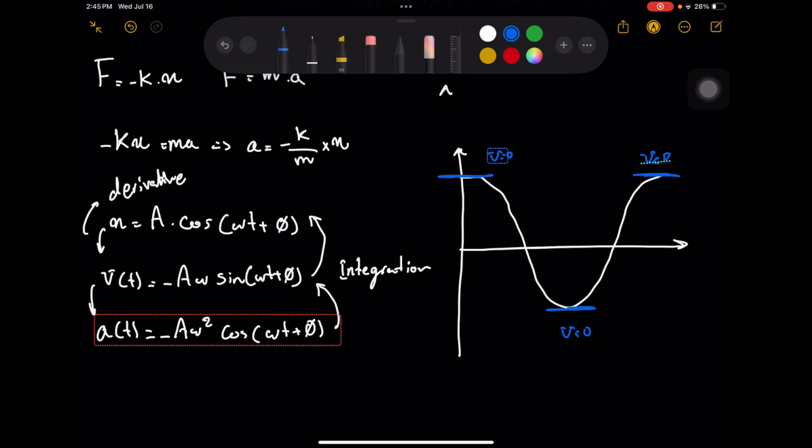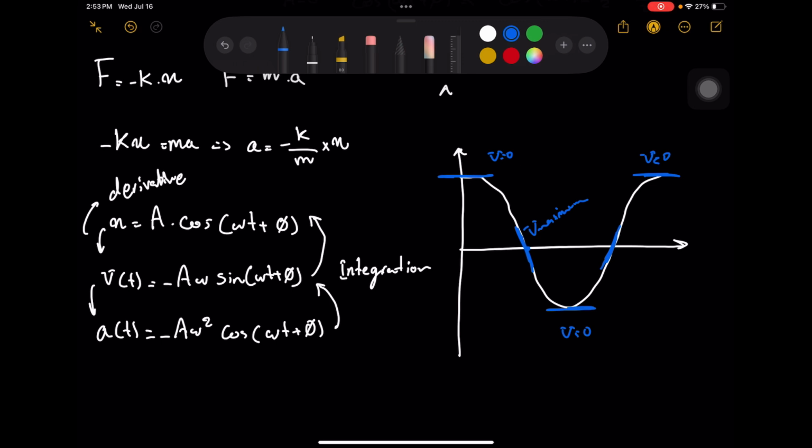When do we have a high slope? It's when we are passing the equilibrium position. So here is the maximum velocity, and again here is also the maximum velocity. If we try to draw our velocity graph and then take the derivative of that, we get the acceleration graph.